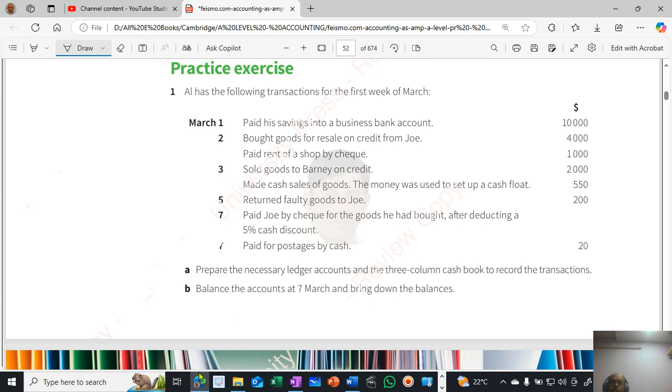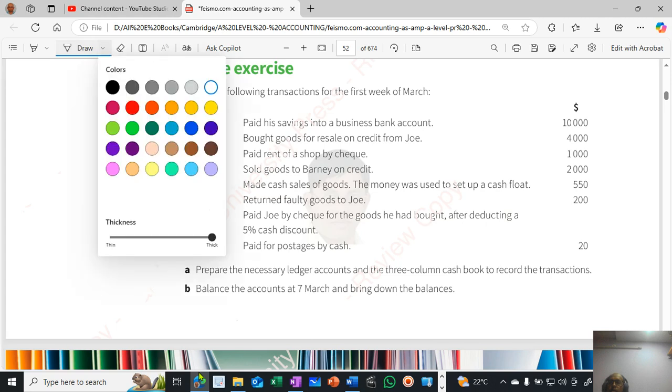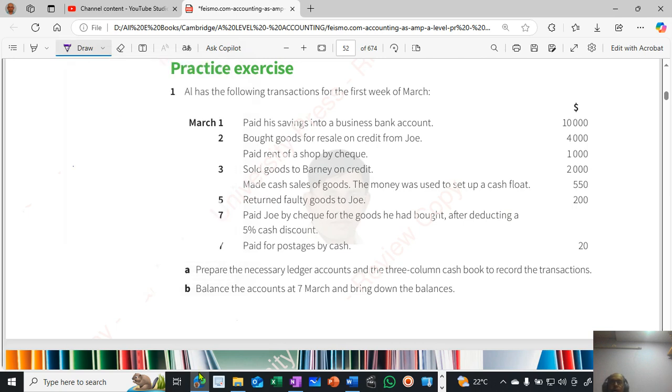So this is balancing of accounts. This is a question from David Hopkins.